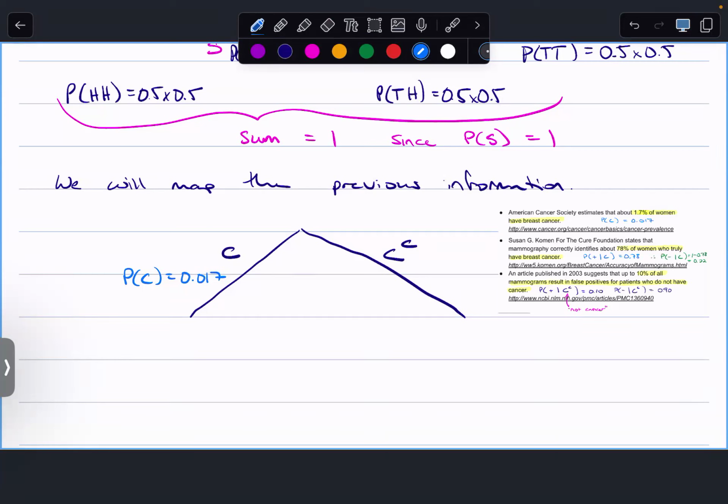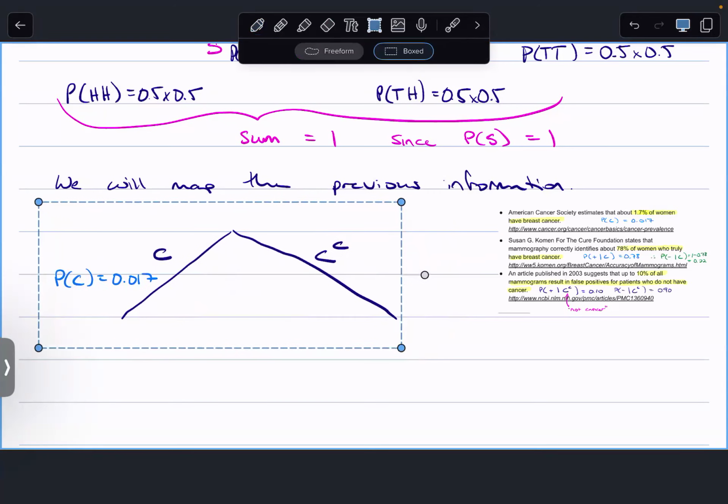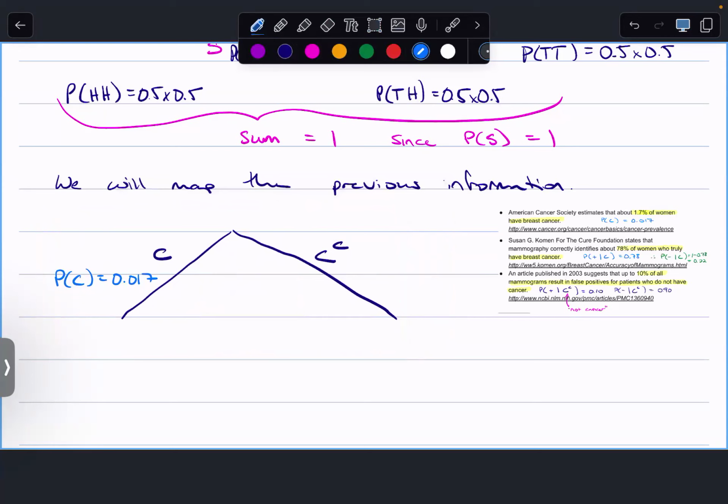Which means that the probability of not cancer is 1 minus 0.017, which I'm going to go with 0.983.